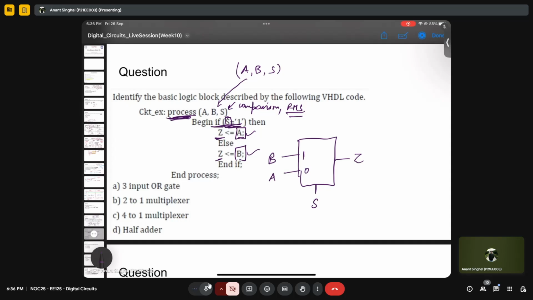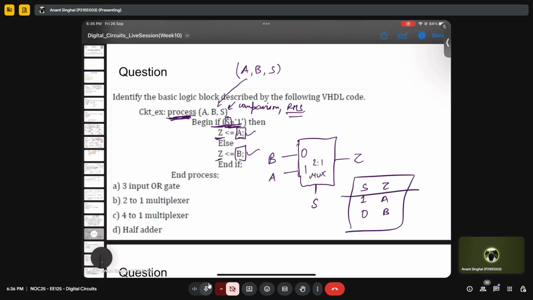So it's like a 2 cross 1 multiplexer, right? Are you all able to understand this? What it is saying is when S is 1, your output is A, and if S is 0, your output is B. I had written it wrong.